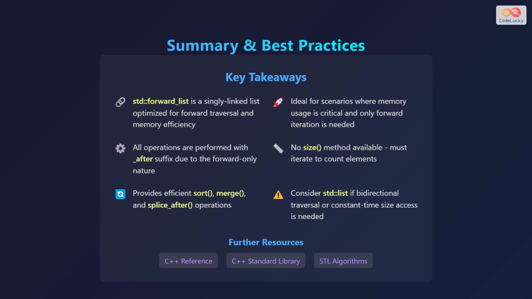It provides efficient sort, merge, and splice_after operations. Consider std::list if bidirectional traversal or constant time size access is needed. For further resources, you can refer to the C++ reference, the C++ standard library documentation, and resources on STL algorithms.